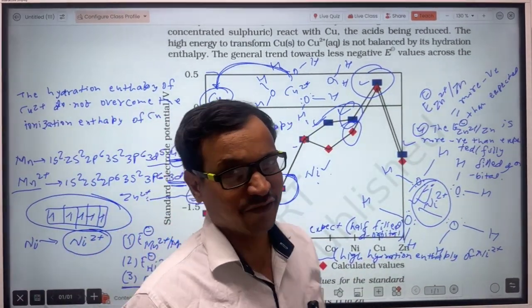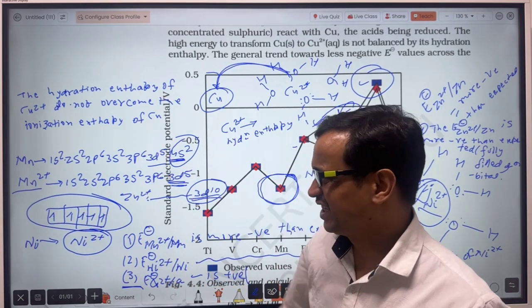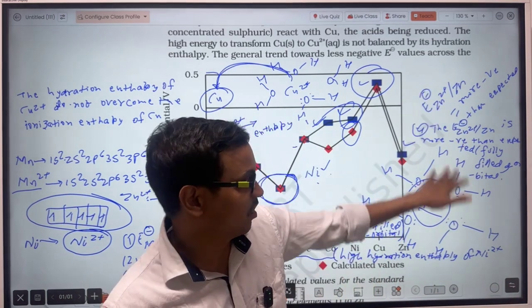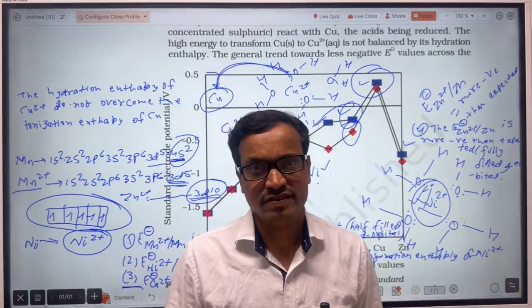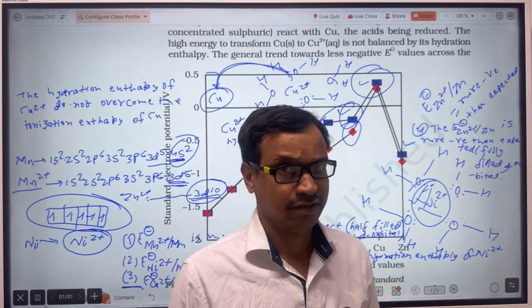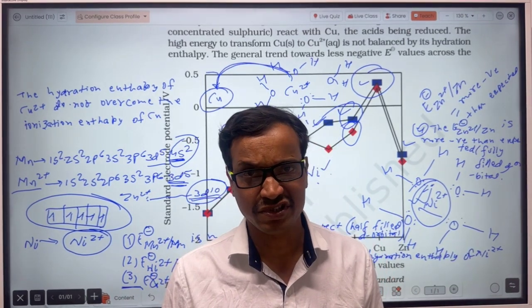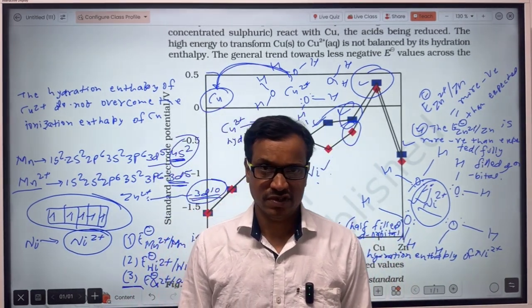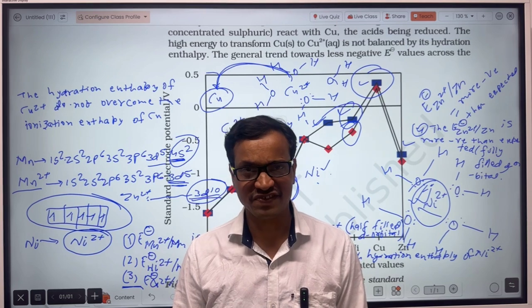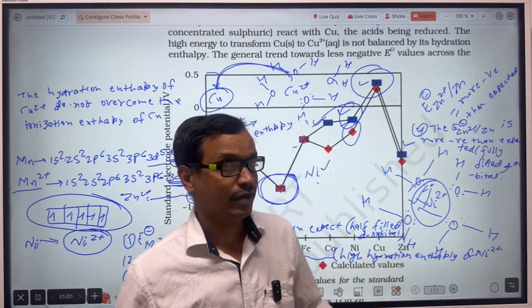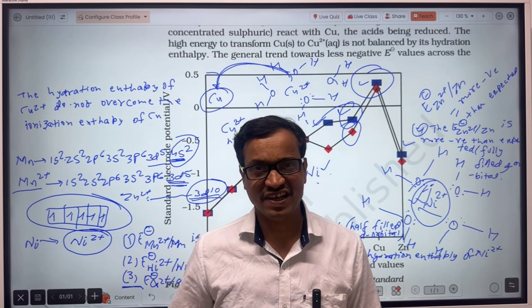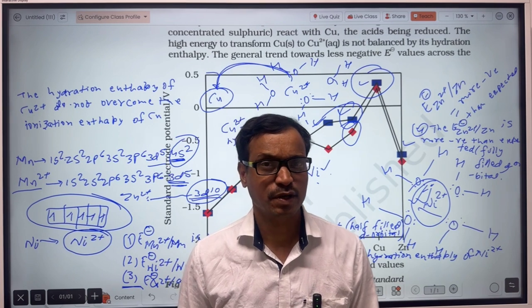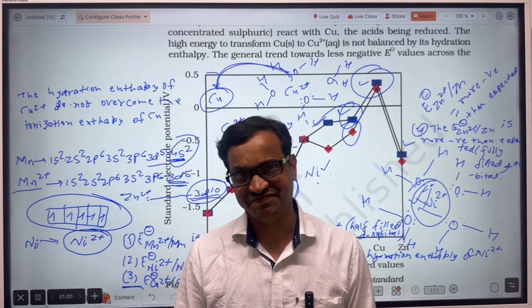What I have taught you here is only a small part outside of the NCERT; almost all of it is in your NCERT, but it has not been written in a way that normal students could understand the concepts. One point I have repeated a number of times: in your IIT main examination as well as in the NEET examination, more than 90% of questions are asked from the NCERT book.